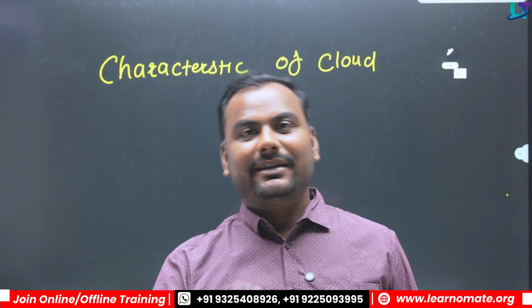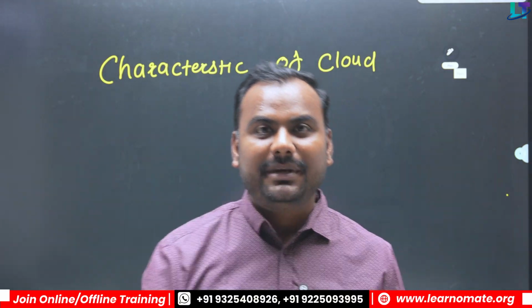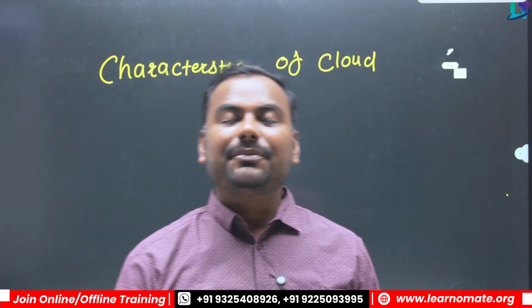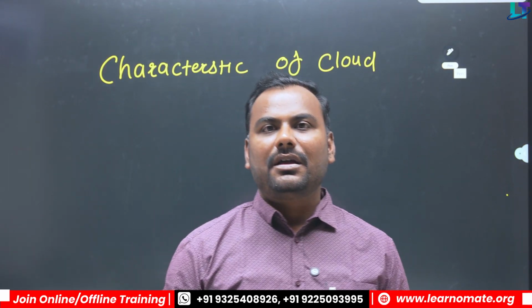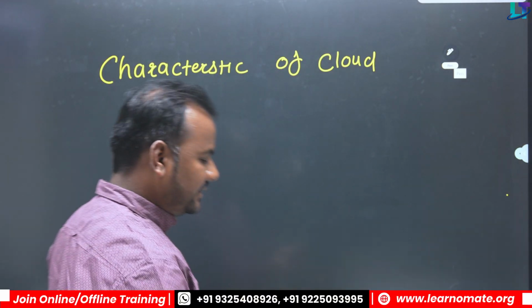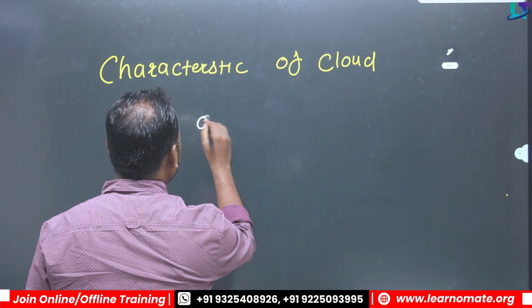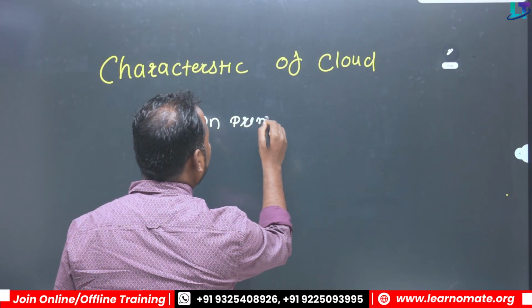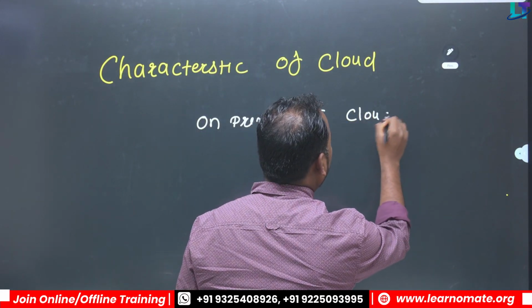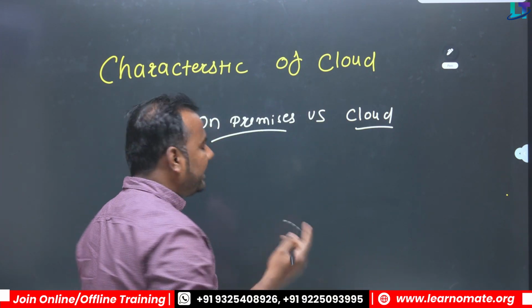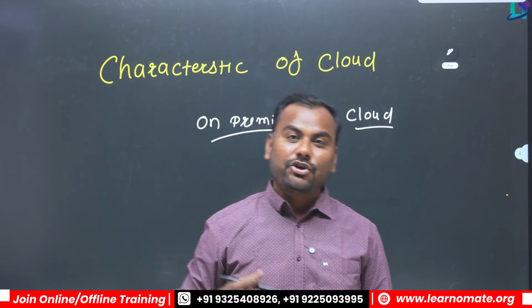Again, today is the second day of the Cloud Fundamentals series, and today I'm going to discuss the characteristics of cloud. In the last lecture we discussed what is on premises and the difference between on premises and cloud. As we have seen, in on premises we have too much upfront cost.